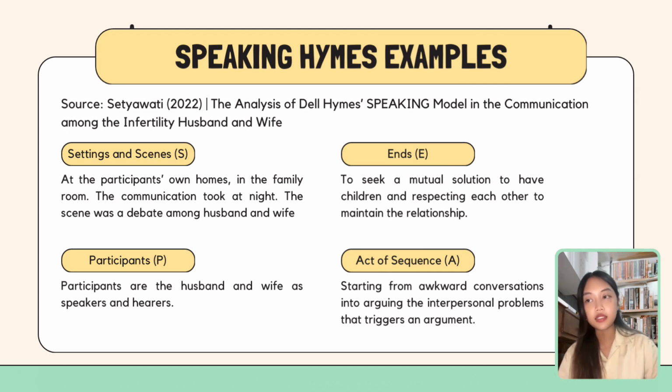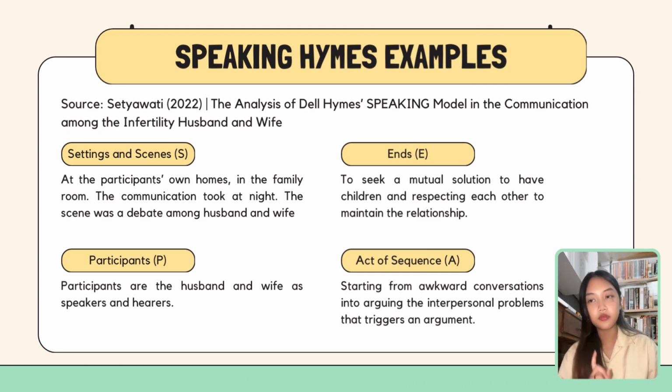So setting and scene in this case is the participants' own homes. So the setting is at home at night, between the husband and wife. And then the participants, of course, are the husband and wife, because they're the ones who speak and hear, so they're both the interlocutors.